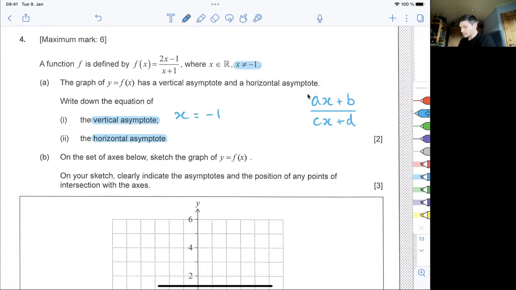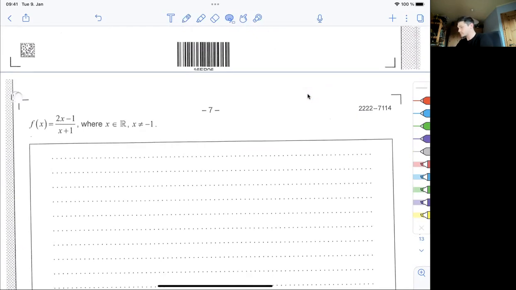And we will write the horizontal asymptote as the limit as x tends to positive and negative infinity of f(x). Now, I know that might not mean an awful lot yet, but I will explain that as we go down. Let me get rid of this here. Let's come down. I'll write a bit of a note in blue, so you wouldn't have to write the blue bit in your exam, but the red bit that I write will be the answer plus the working.